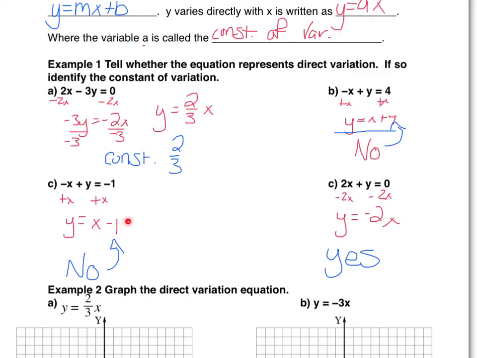This one, letter C, is also not direct variation because we have that minus 1 after the x term there. My second letter C here, as I noticed I'd made a typo in the notes, is direct variation because there's nothing after this 2x here. So again, that's really all there is to it. And then we'll start talking about graphing them here in just a second.